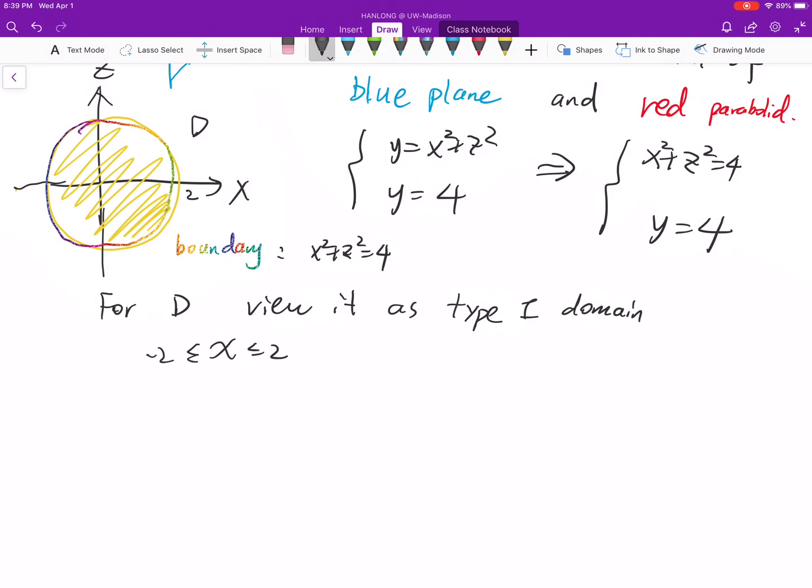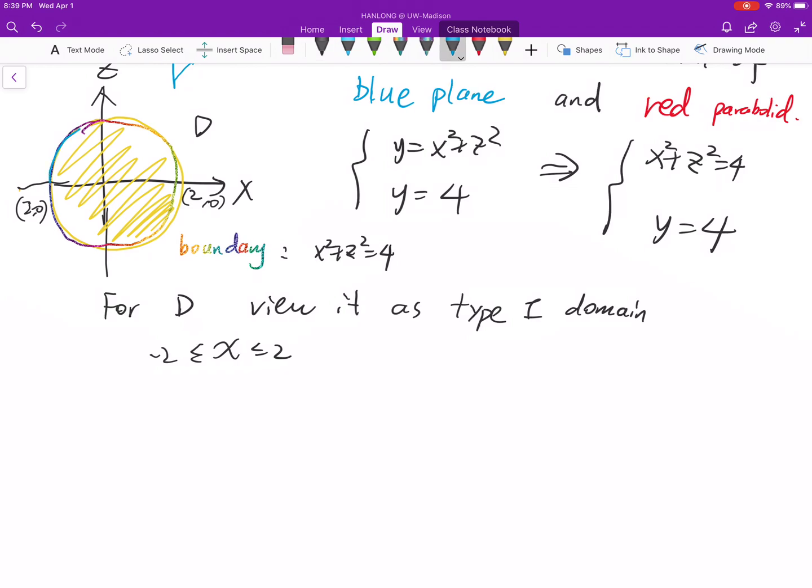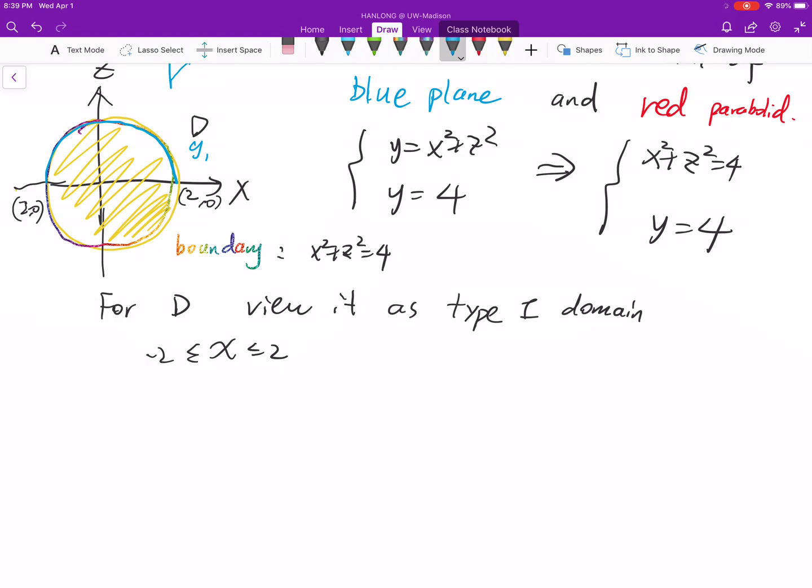This is clear from the picture, and z is bounded by two curves. So g2 is square root of 4 minus x squared, and g1 is negative square root of 4 minus x squared. Those come from the equation.